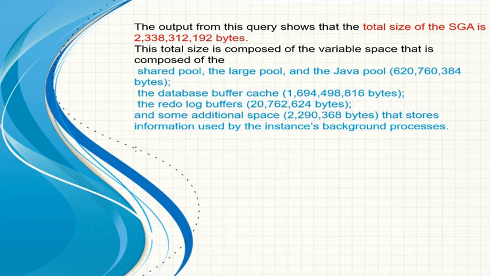The database buffer cache has this size in bytes. The redo log buffer has this size in bytes, and there is some additional space in bytes that stores information used by the instance background processes.